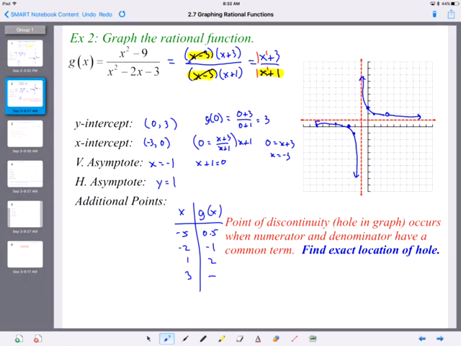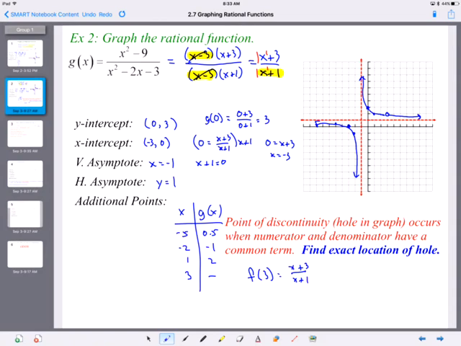So where is that hole located? Well, since we don't really know from there, how do we find out where it is? Usually when we want to find out when x is a number and what y is, we plug it in. But if we plug it in, it's going to be undefined. But what if we plug it into not the original, but the simplified.